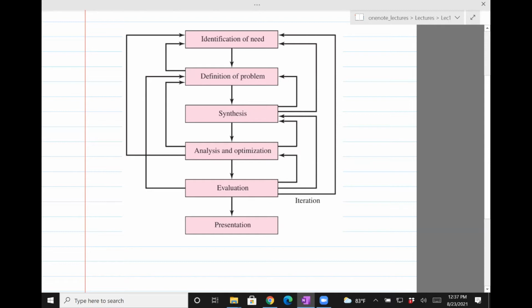Now, design doesn't tend to be linear in the sense you think that those are the stages, and once you do those, you're done. Typically, you will have the stage where you create something, you evaluate it, and only when you test it, you realize flaws in it, and then you need to redo the whole process. Sometimes you realize the flaws when you do the analysis, and then you need to go back to the problem.